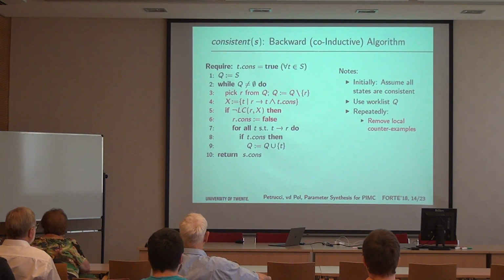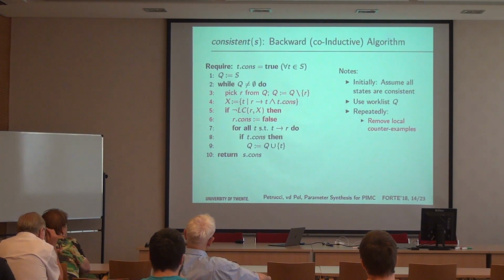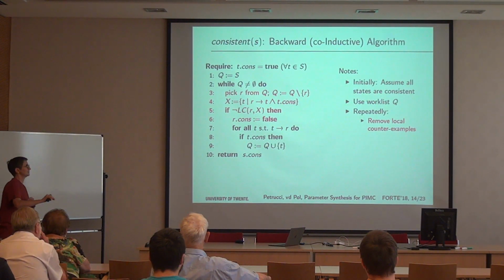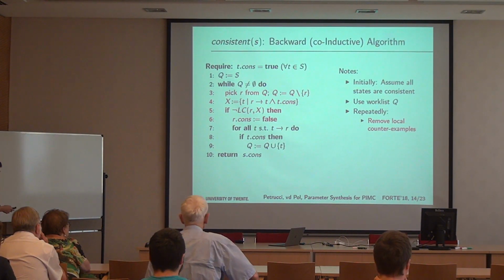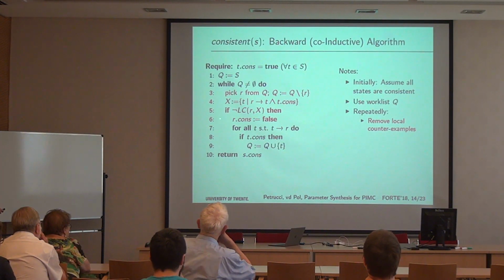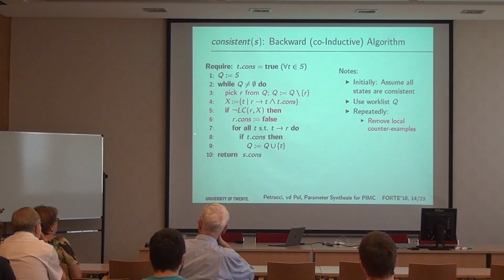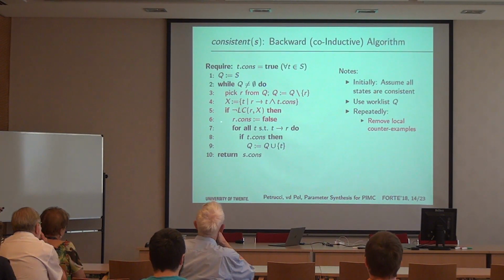So we look at those that are just one step further, to see whether they are, for the moment, consistent. If we have the local consistency with these, then we are rather happy. If they are not consistent, then we know that we are not consistent. So we found a successor that is not consistent, and therefore the local consistency is not satisfied, and we can already say that it's false.